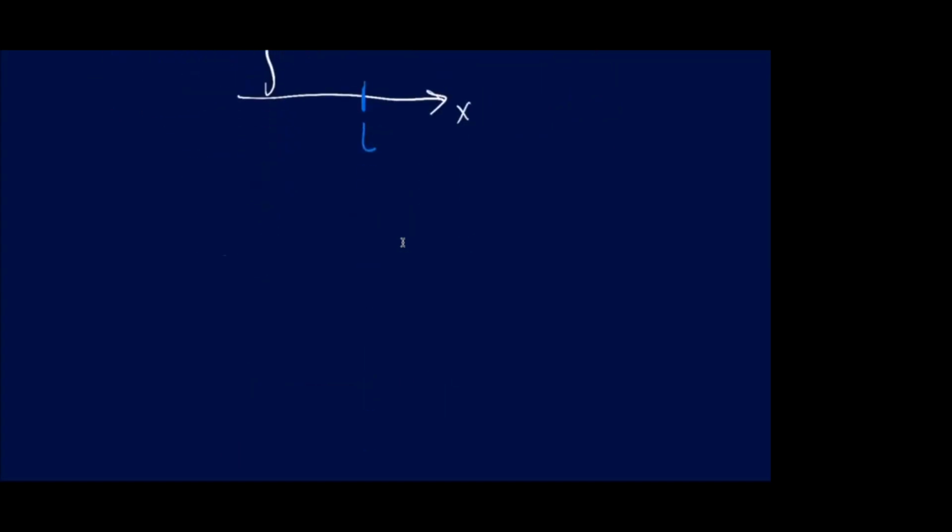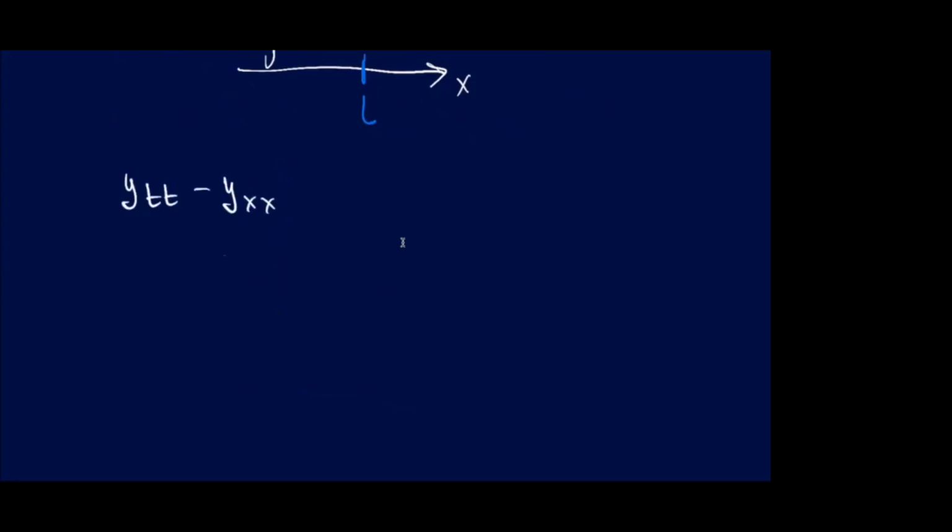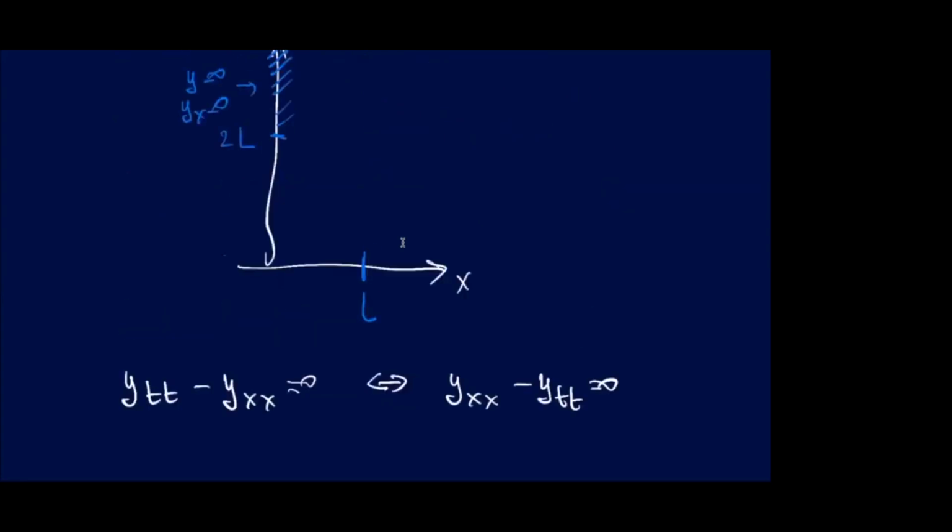But then there is some magic in the wave equation, because this happens only in 1D. The wave equation can be written in this form, but you can also reverse the sense of the variables and write it in that manner. What does it mean?